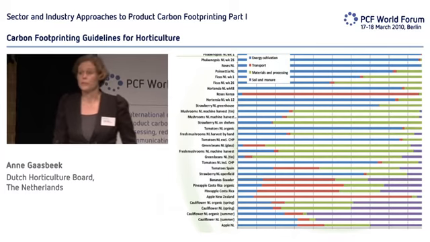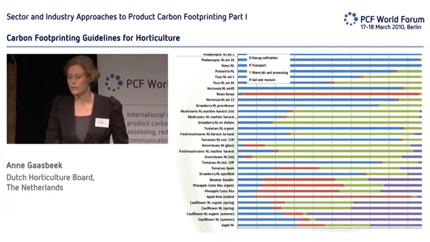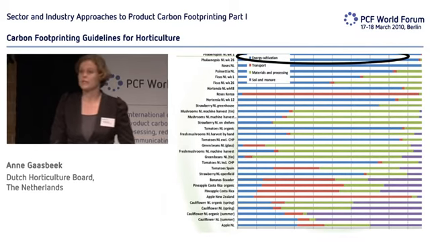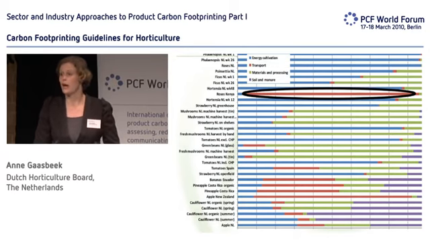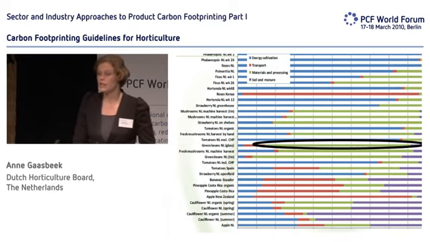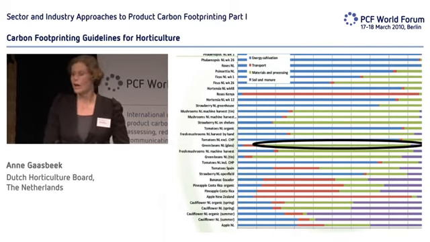And more important, what are the major and the minor contributors to the greenhouse gas emission? For example, for Phalaenopsis, the biggest greenhouse gas emission is in the cultivation. While for roses in Kenya, this might not surprise you, it is in the transport. But for green beans, it's not in the cultivation, but it is in the processing and the materials.